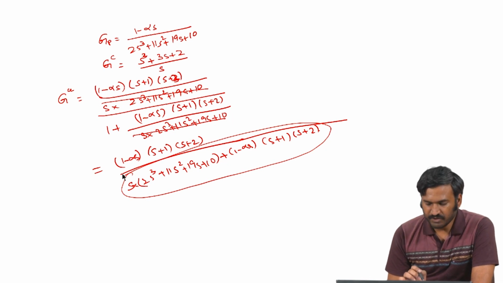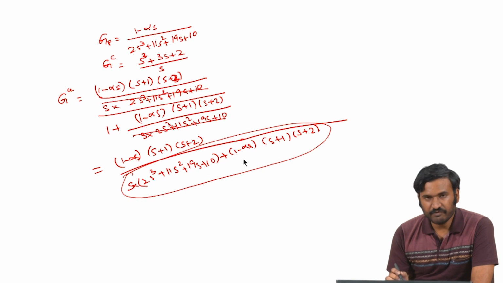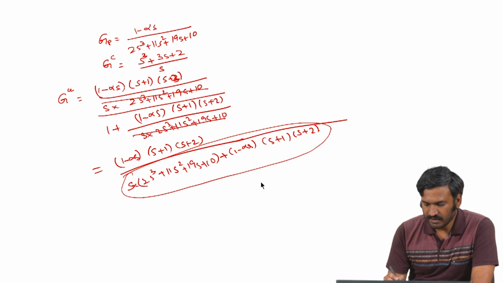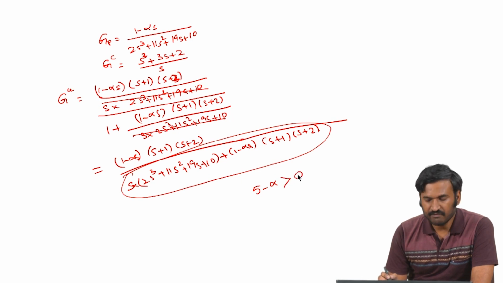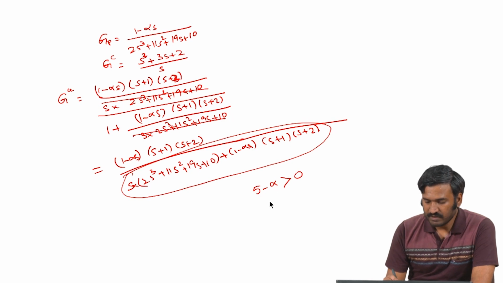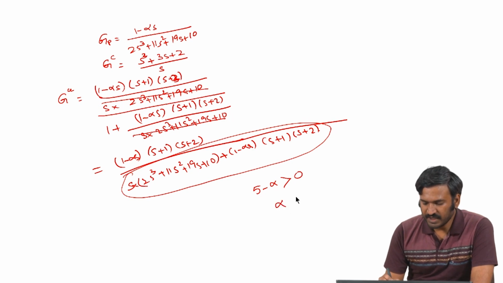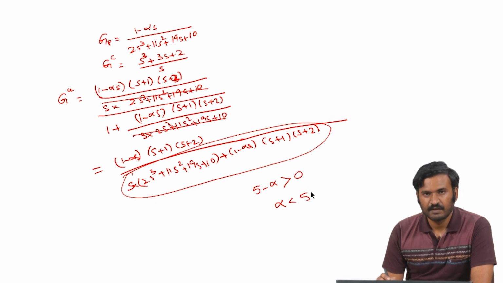This we can do using Routh stability test. Based on that, we will find the condition that as long as 5 minus alpha is greater than 0, we have stable poles. Now this implies alpha has to be less than 5, right.